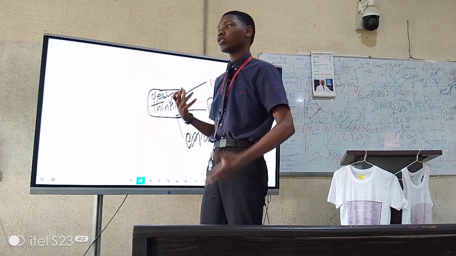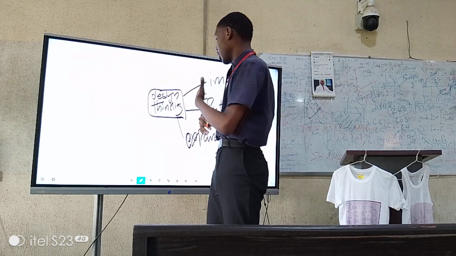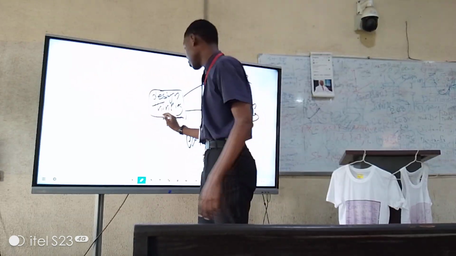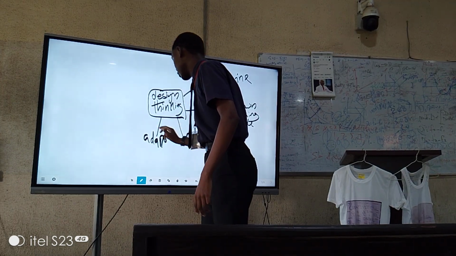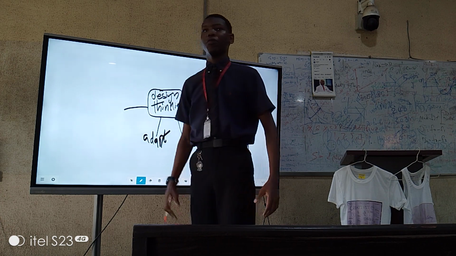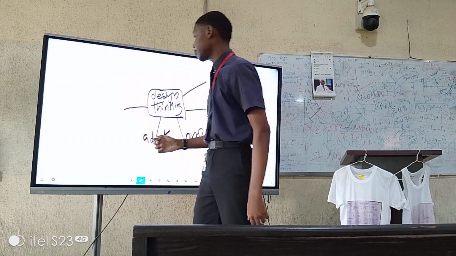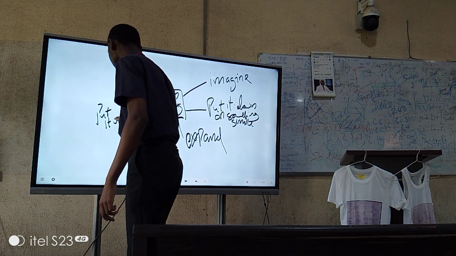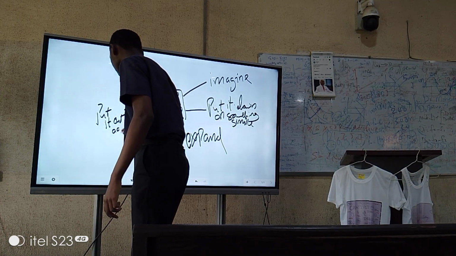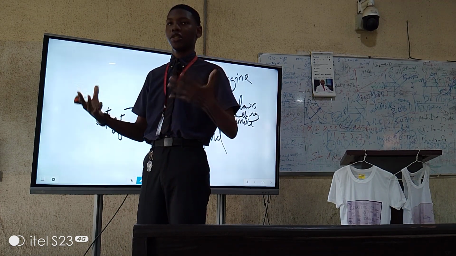So based on the output you get from other people, adapt and change, and then put it back out again, and then rinse and repeat. That's how you expand your design thinking.